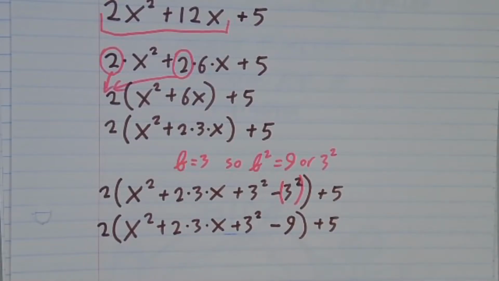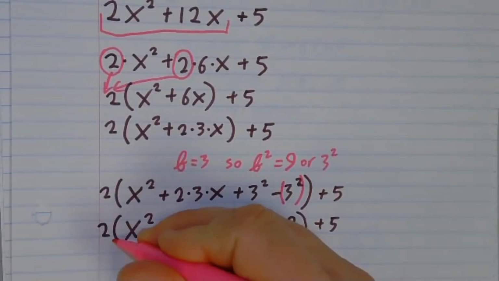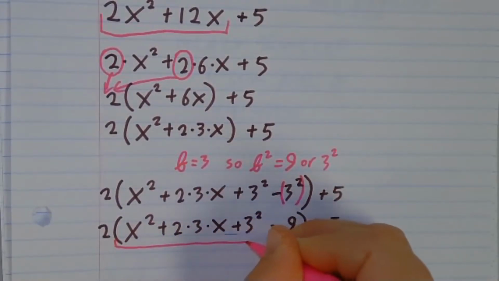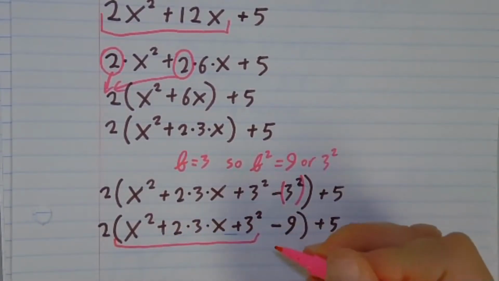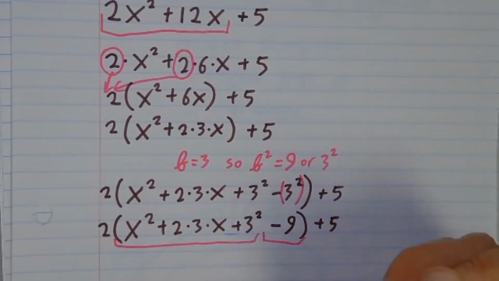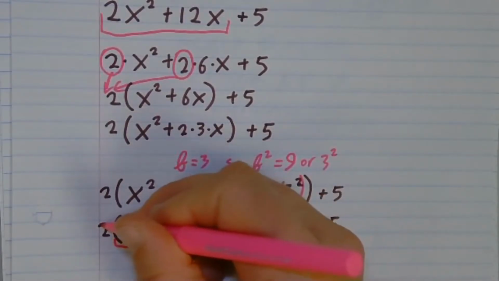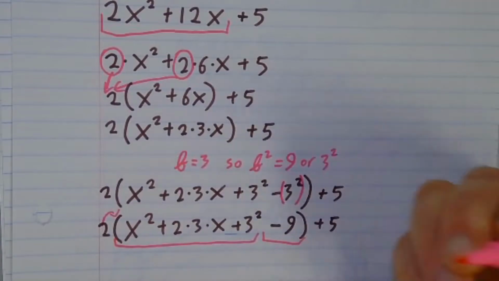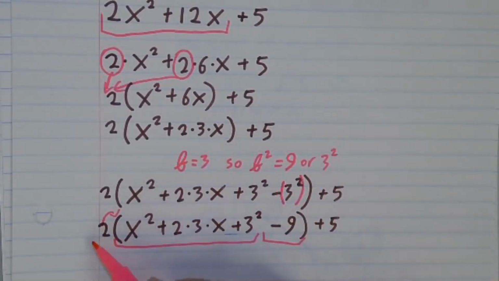So what I'm going to do is use the distributive property. I'm going to keep this whole chunk together inside some parentheses, but separate this chunk out and do the multiplication. So this 2 is still going to be multiplied by my entire first part, hanging out on the outside of the parentheses.